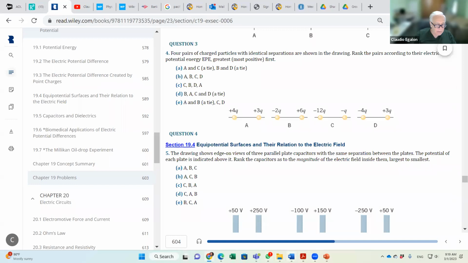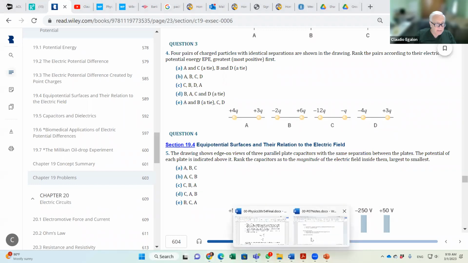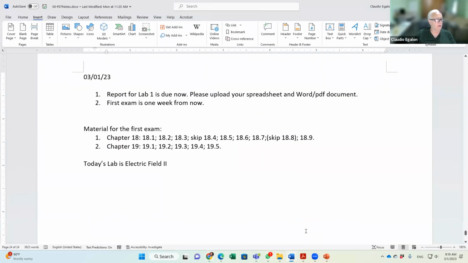The list of the sections is here. And now we're going to have our electric field lab number 2.